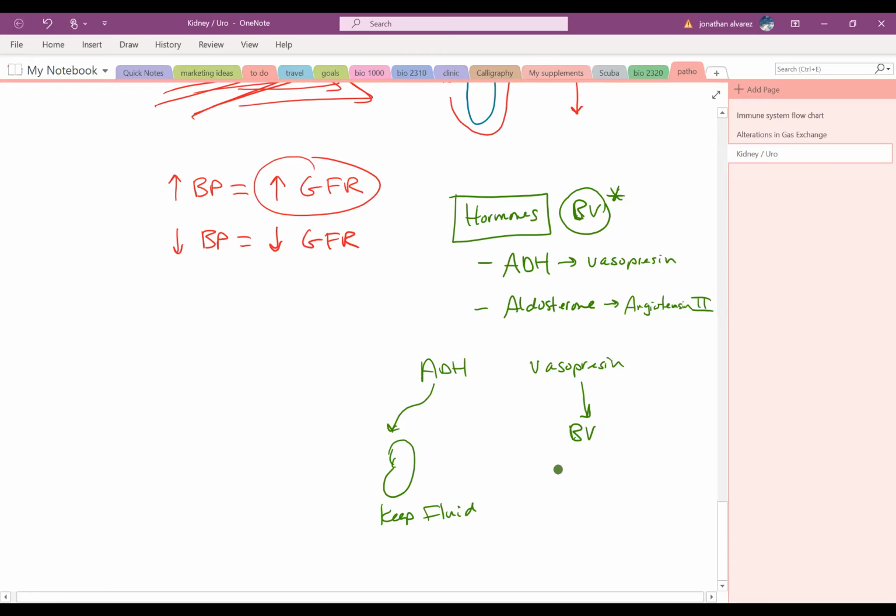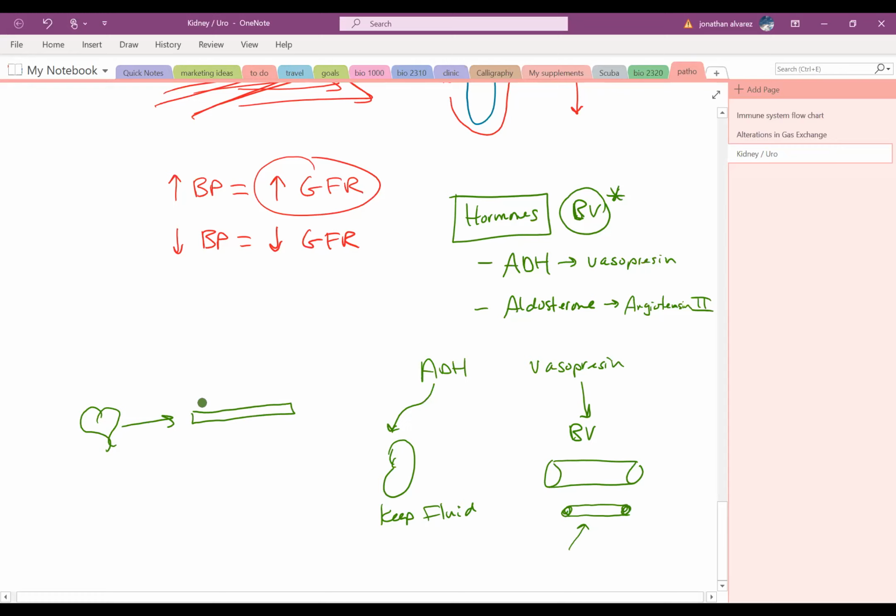So it takes a blood vessel that was that big and then basically presses it down. And now it's that big. Okay, so that's vasopressin. Now, if you just give it an extra thought, what happens to the pump if it has to push fluid through a tiny tube?